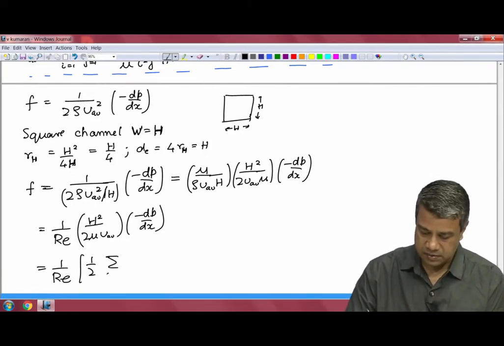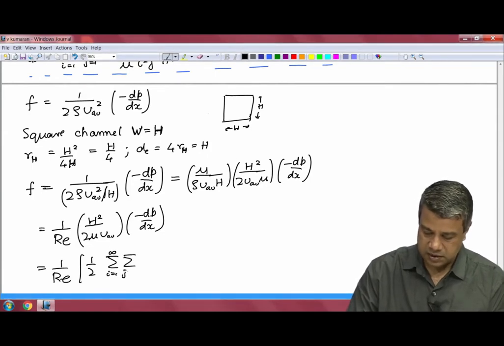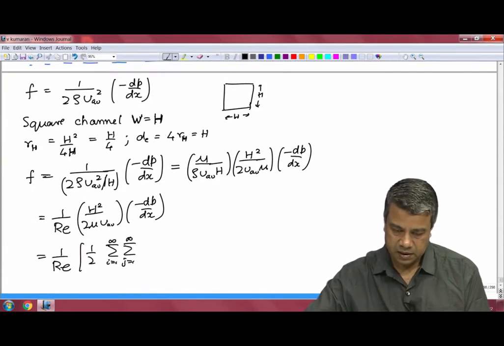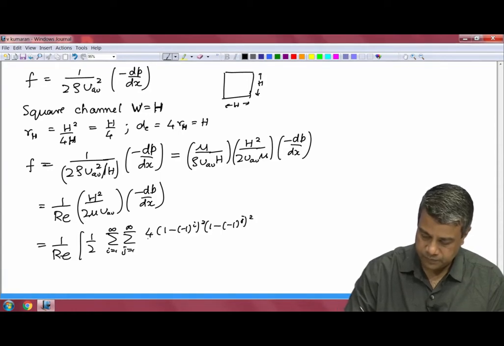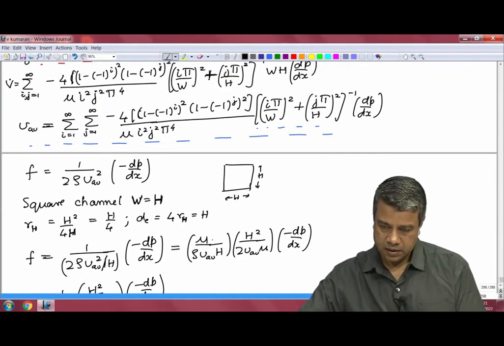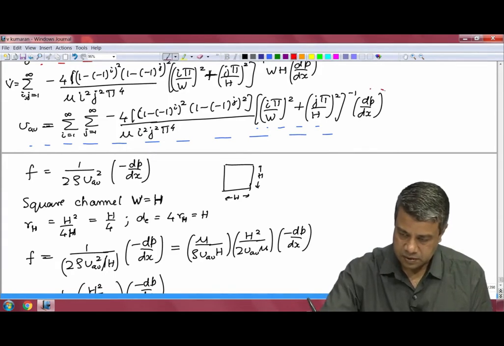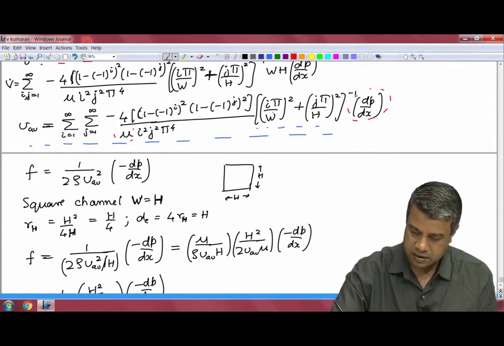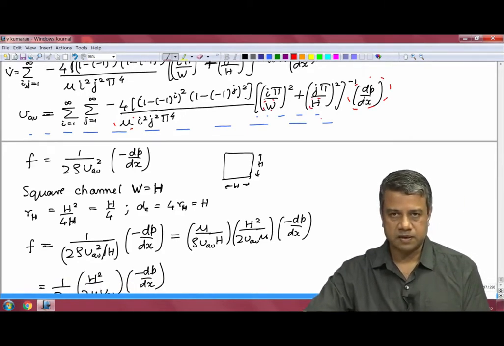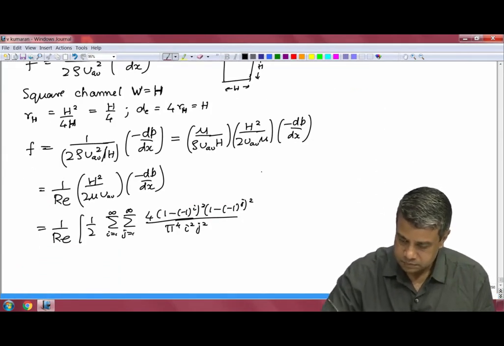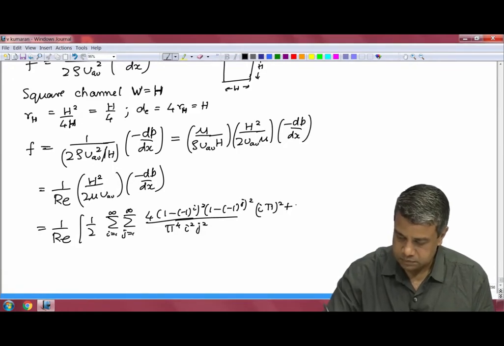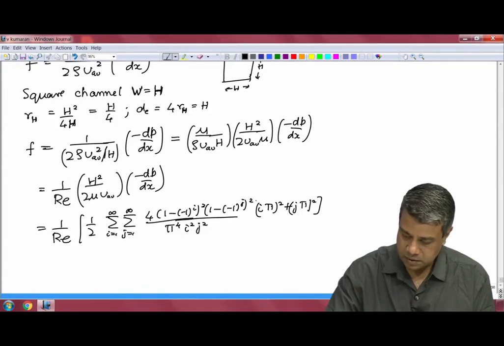And I will get summation i is equal to 1 to infinity, summation j is equal to 1 to infinity, times 4 into 1 minus minus 1 power i whole square, and this pressure term will cancel out, viscosity will cancel out, and this W square will cancel out, because I am assuming that H is equal to W. Therefore, I will get the whole square whole inverse.